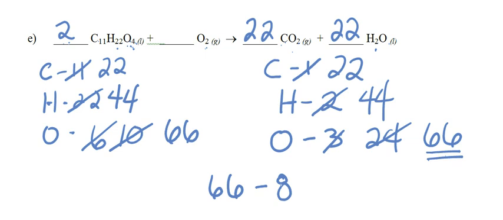So to get the correct number of oxygen, I need to do 66 minus 8, which is 50, what is that, 4? 58, sorry. Need a calculator, guys. All right, so 58, I need to add 58 more oxygens on this side. So if it's O2, divide that by 2, and so that is 26.